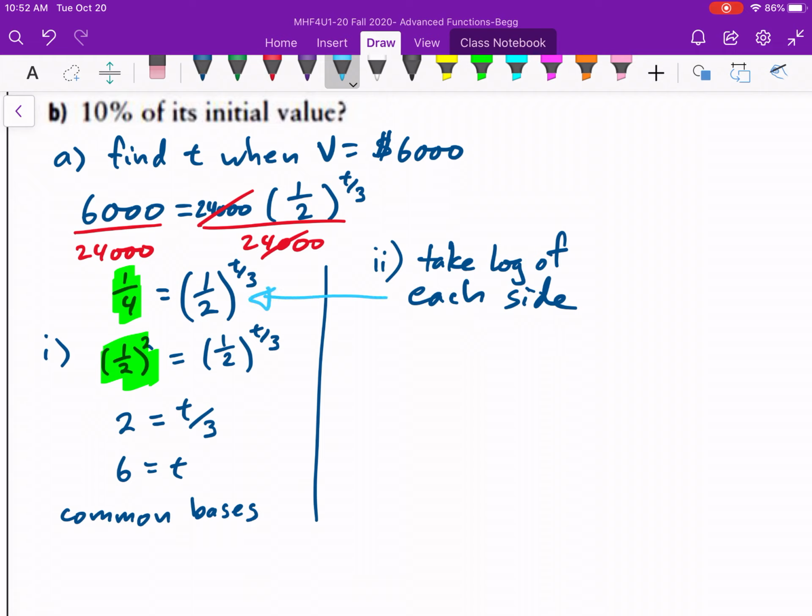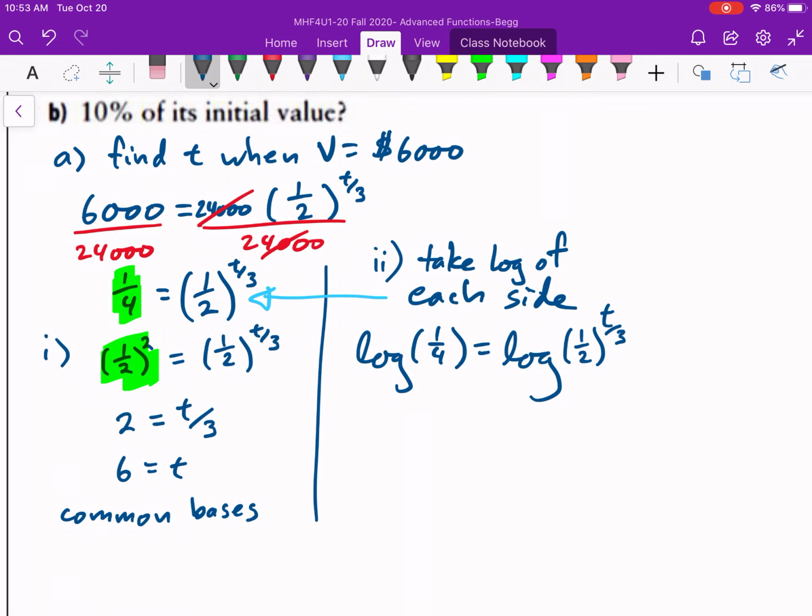That's the simplified stage. If I take the log of each side, then what I get is log 1/4 equals log 1/2 to the t over 3.